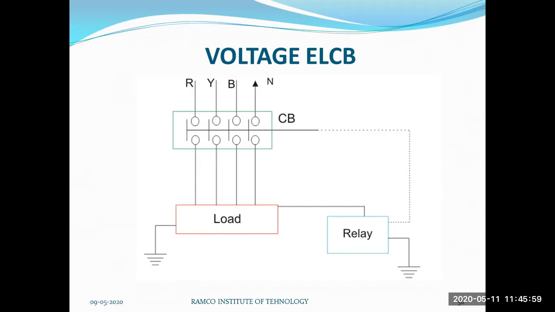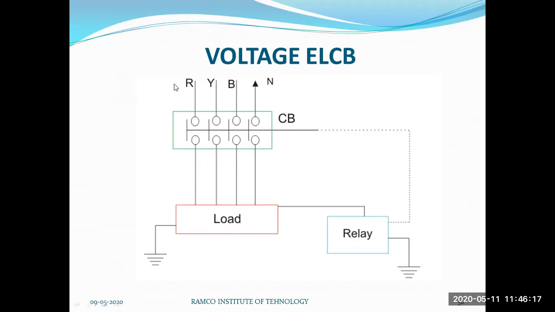If an earth fault occurs, or if electrical insulation failure occurs, or if a short circuit condition is there, then the potential difference between the phase and the neutral will not be the same, right?